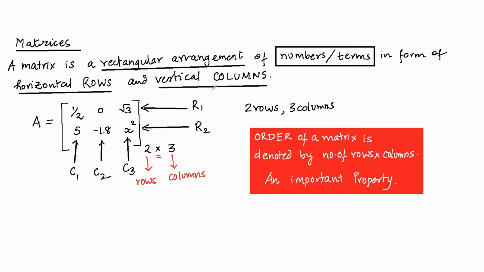The order of a matrix is always denoted by the number of rows by number of columns, and it is an important property that a matrix has. There are many operations of the matrices which will depend on this order. So we need to understand this concept of order really well. Now let us try to write a few matrices, find out their order, and learn about some special types of matrices.